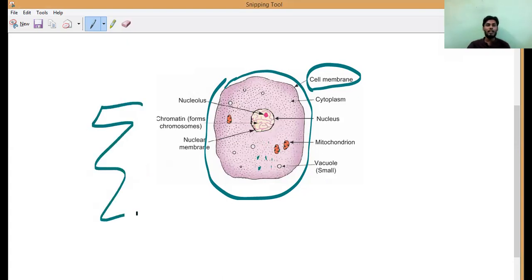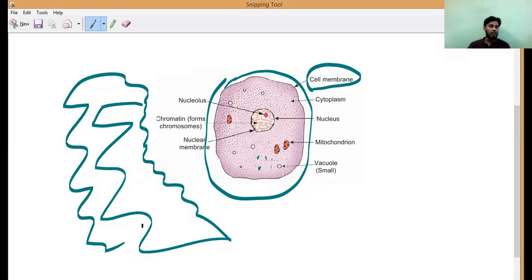They cannot be protected, and there will be no fixed shape. But the cell membrane covers them and protects them, and because of it the cells get a particular shape also. Correct or not?